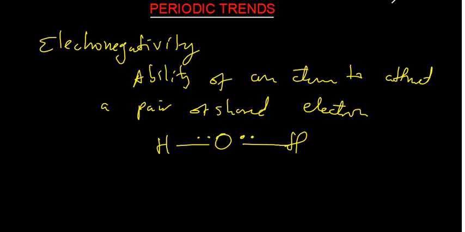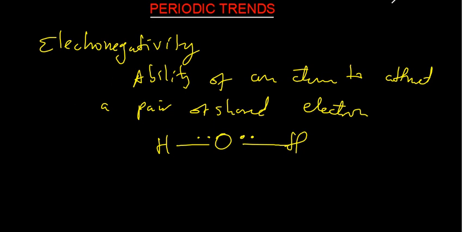That doesn't mean oxygen has gained them and hydrogen has lost them. It's just that it has got a greater pull. It has got a higher affinity. There's a greater electron affinity in oxygen, and because of that it pulls electrons towards itself.